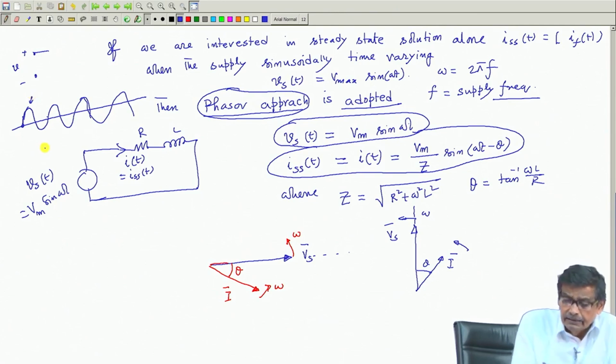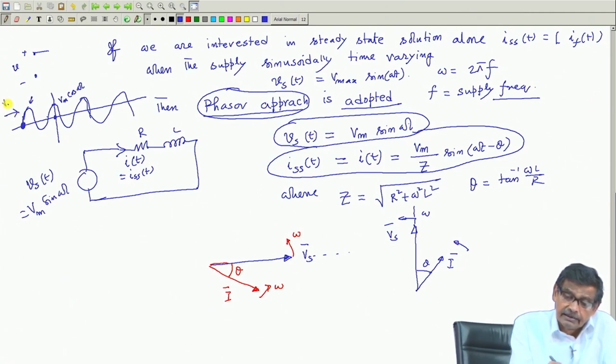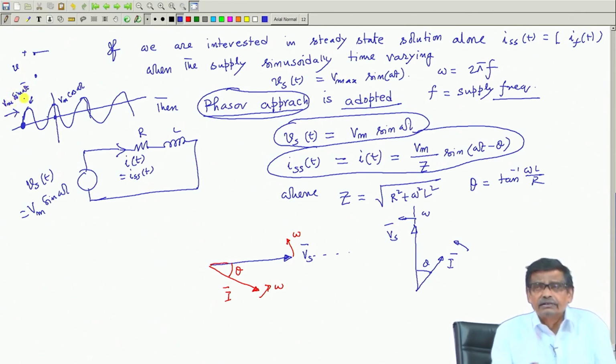Somebody may say, this will be my omega t equal to 0, and when the voltage is maximum and reducing, that instant I will start counting my time, and then I will write this as Vm cos omega t. And if you choose this as origin, somebody else will write it as Vmax sin omega t. It is totally your business.